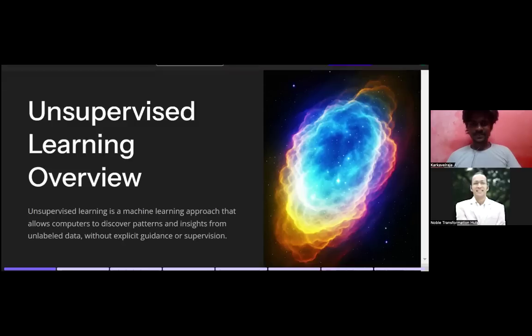Okay guys, let's understand this unsupervised learning. Unsupervised means the data is not labeled. Let me simplify it, very basic simplification. In supervised, data is labeled and the output is already defined. But in unsupervised learning, data is not labeled.